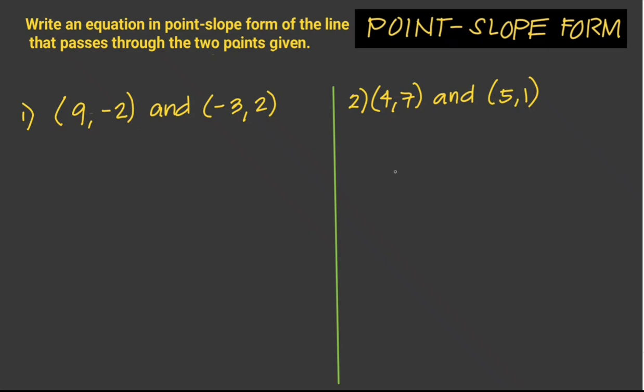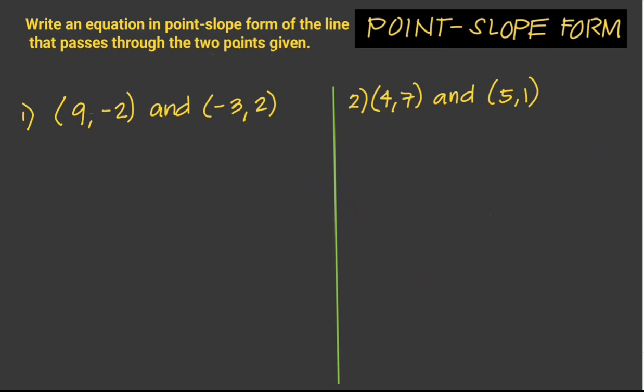So the formula for our slope is y sub 2 minus y sub 1 over x sub 2 minus x sub 1. So x1, y1 here, and x2, y2 are the 2 points. Okay, so let's solve the first one.